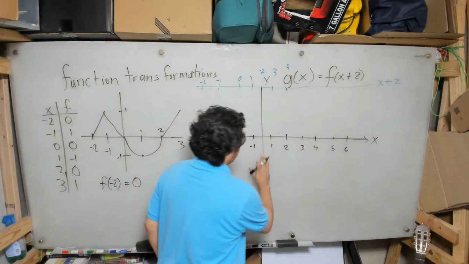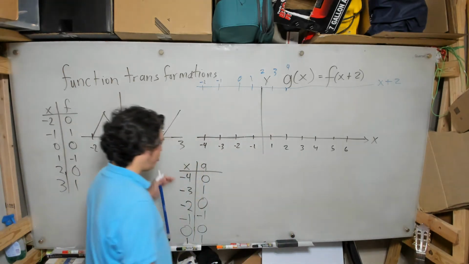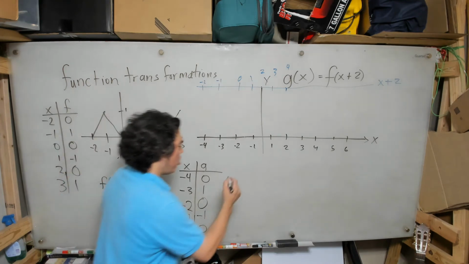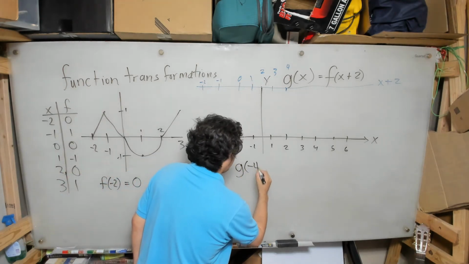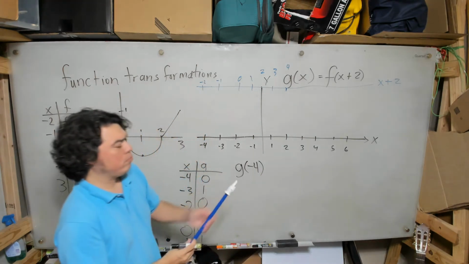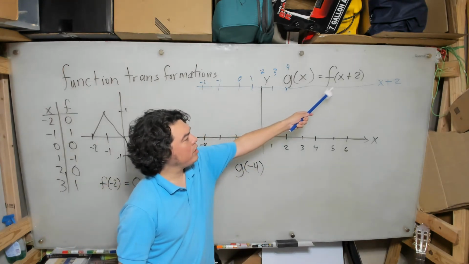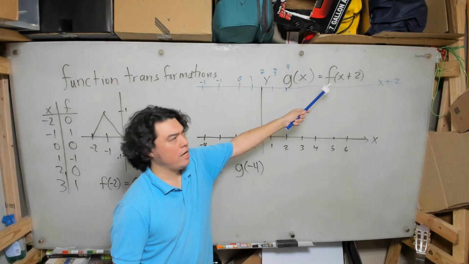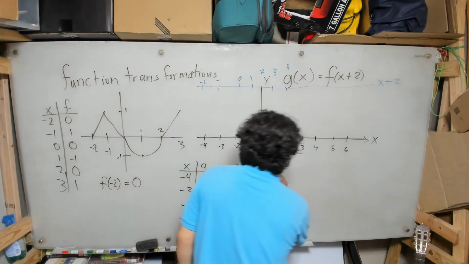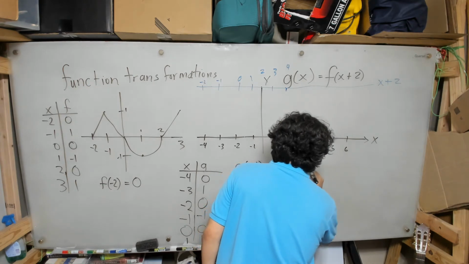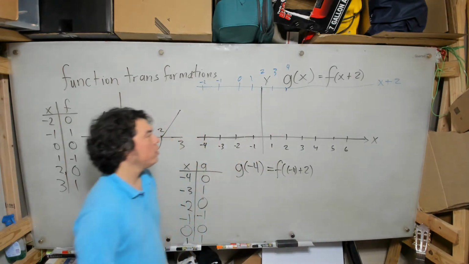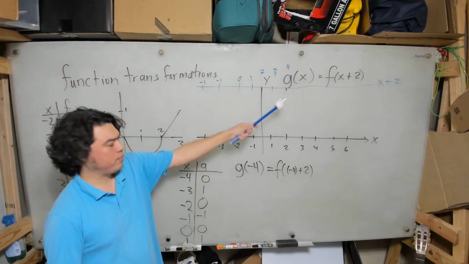In any case, let me just verify for you that these are actually true. So what is g of negative 4? Well, by definition, that will be f evaluated at negative 4 plus 2. That's how my function is defined.